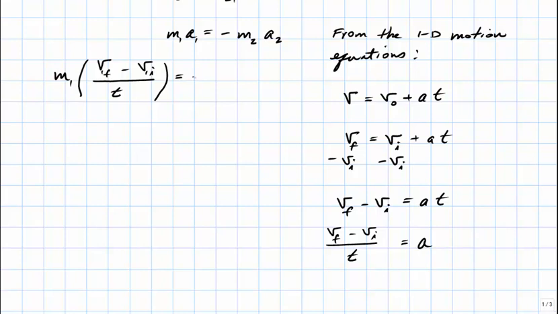And on the other side, we will replace the acceleration with V2 final minus V2 initial divided by t. Now, since the collision takes place over the same amount of time for both objects, we can cancel the time from both sides of the equation.